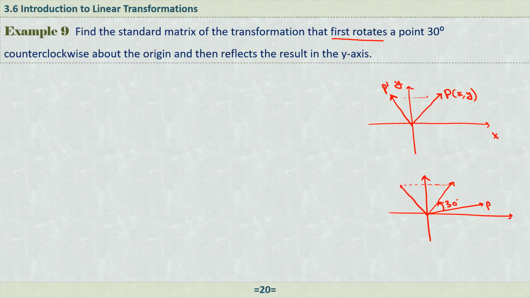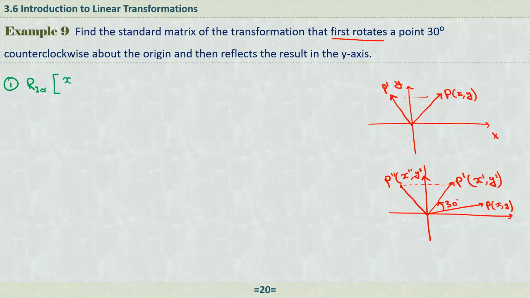So let's say P, whose coordinates are x, y, and this one will be P prime, whose coordinates are x prime, y prime, and here we have P double prime, x double prime and y double prime. So the first transformation is T, and we know that it is the rotation. So the first one is rotation, about 30 degrees.